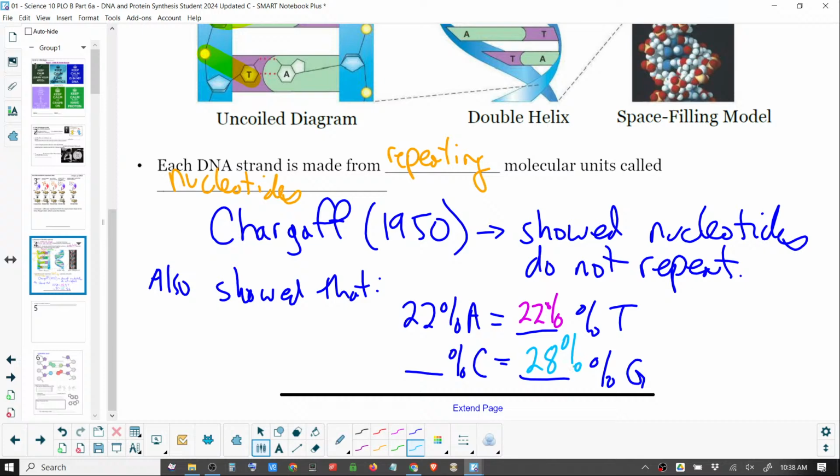Each side is going to need to add to 50%. And so 28 plus 22 gives us our 50. If you knew one number of any one of them, you knew all the other numbers. And that's how we showed that A bonded to T. That had to be the case if that was what was going on.